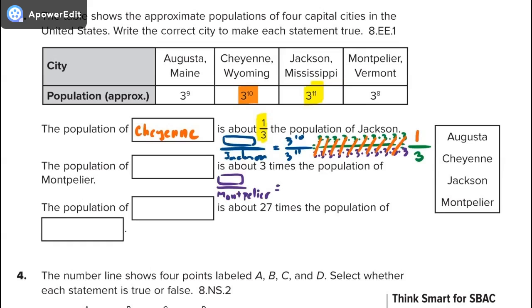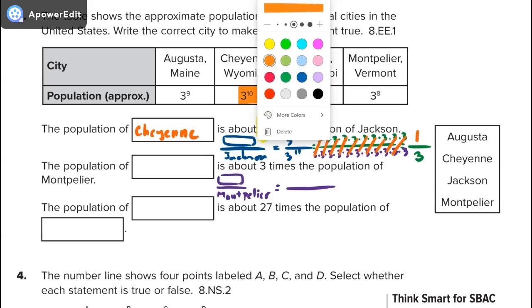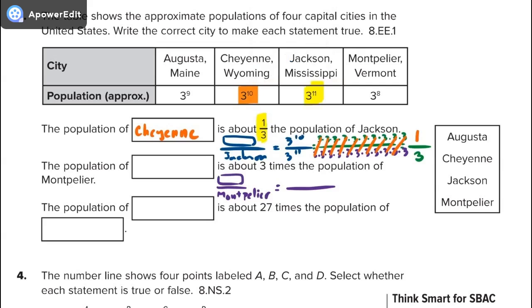We know Montpelier is given as 3 to the 8 power. What should be on top so that your final answer is going to be 3 only? Take a second, think about it. What should it be on top so that the final answer is going to be 3?